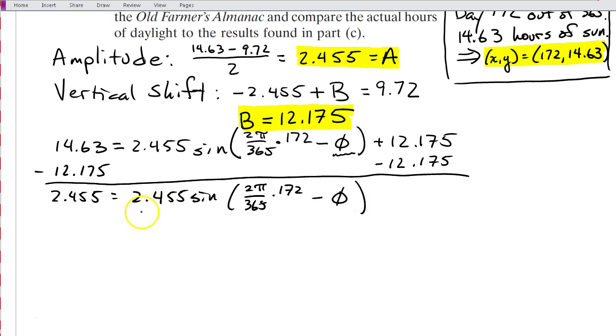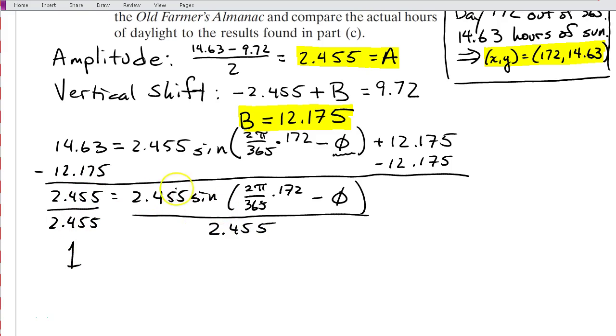Then I'm going to divide both sides by 2.455. Okay, so on this side I'm going to get 1, and these are going to cancel out, which is why I divided by that in the first place. And I'm going to get that 1 is equal to the sine.